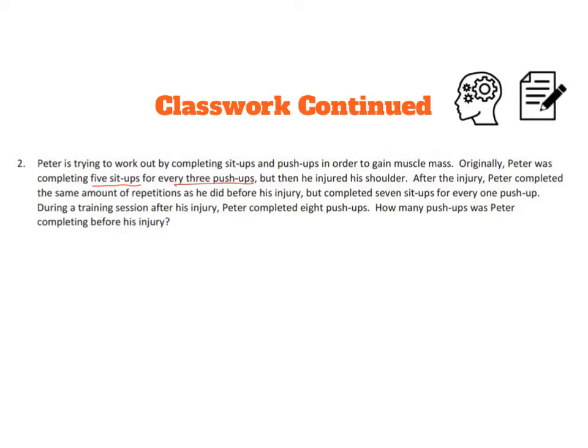After the injury, Peter completed the same amount of repetitions as he did before his injury, but completed 7 sit-ups for every 1 push-up. Okay, during a training session after his injury, Peter completed 8 push-ups. So how many push-ups was Peter completing before?